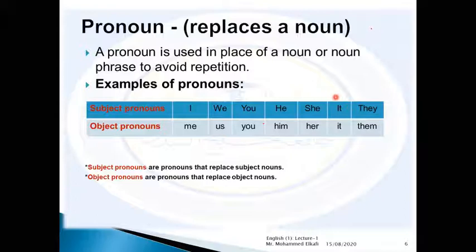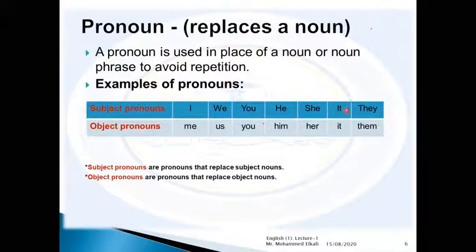It is used to replace a thing or an animal. We use it instead of saying the car, you can say it. Instead of saying cat, you can say it.